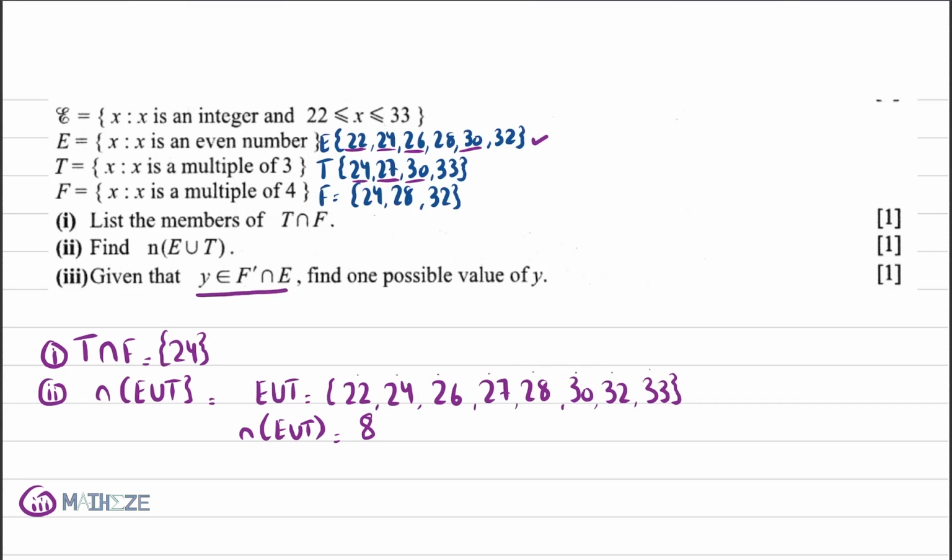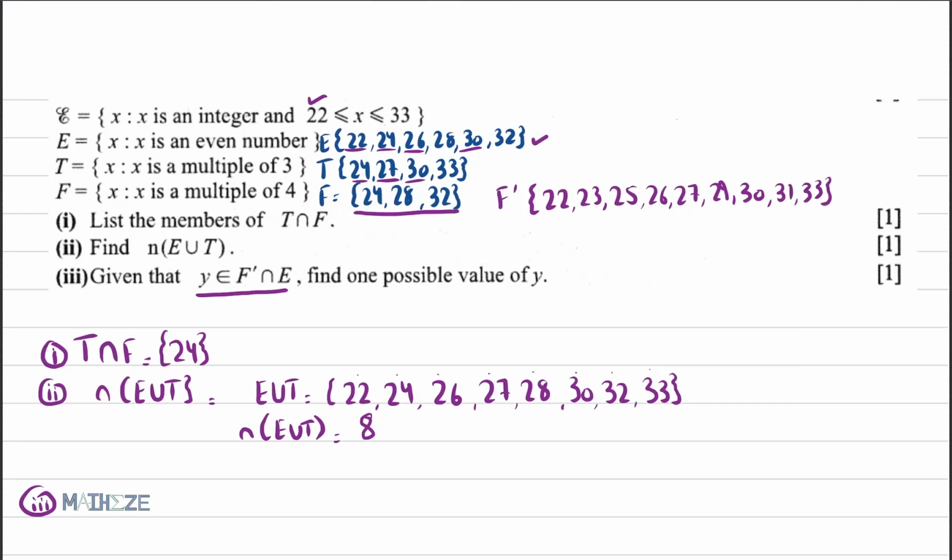How will I get F complement? All those elements which are not present in F but present in the universal set. That's going to be 22, 23, 25, 26, 27, 29, 30, 31, 33.